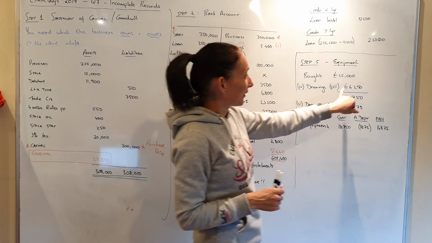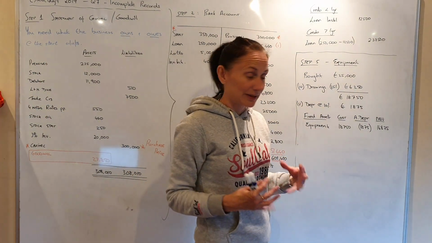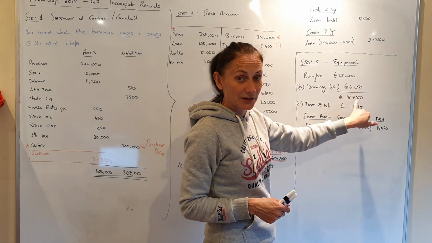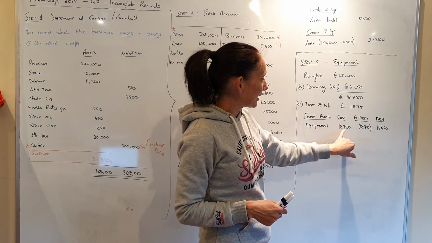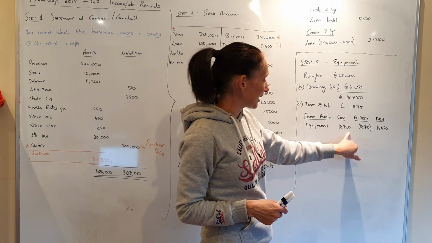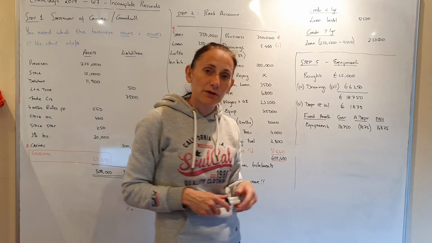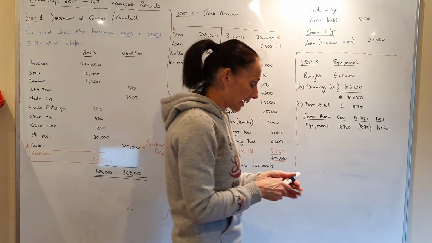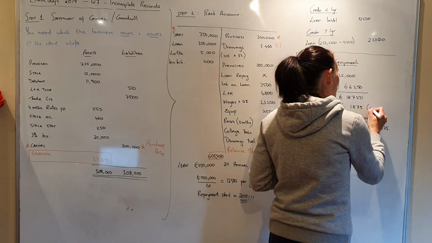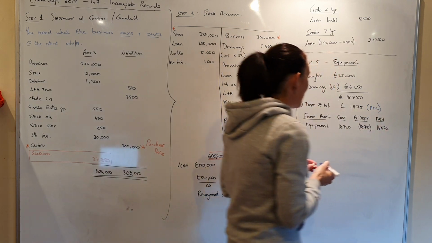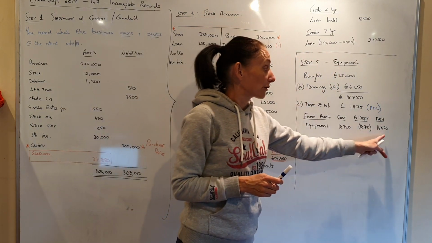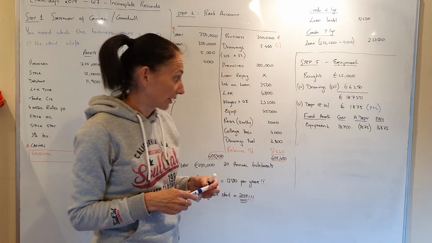So I have to take 25% of this equipment out because it's not for the business. So the only part of the equipment that the business owns is this remaining 75%. So equipment is 18,750, and in part 5 it says equipment is to be depreciated by 10%. So this figure again, depreciation we know would go to your profit and loss as an expense, and depreciation of equipment is 1875, and this is how it would look in the balance sheet.